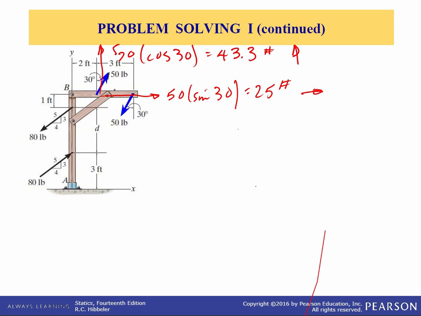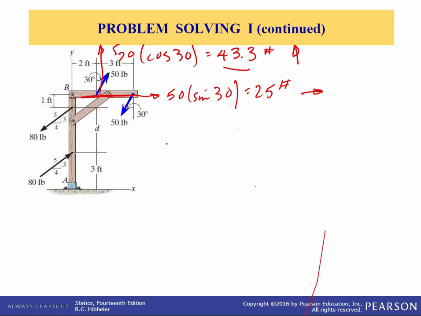Well, no, because the x component of the force in both forces lie along the same line, right? One of them points to the left, one points to the right, but they're on the same line. So the x component does not contribute to the moment. Only the y component does. I hope you can see that.